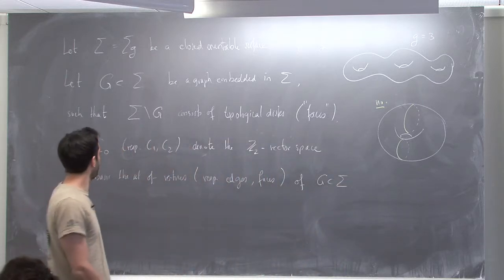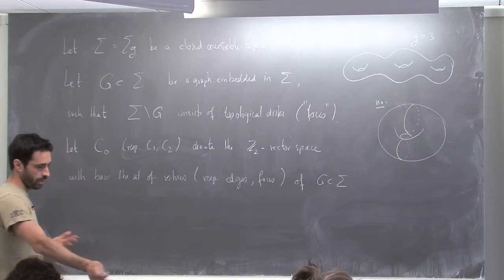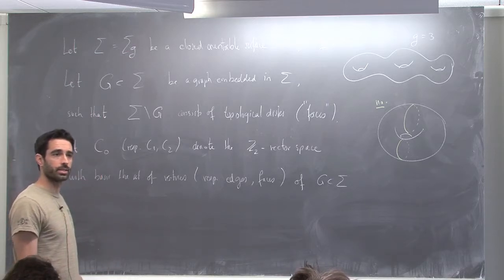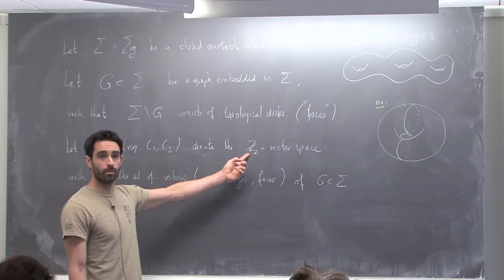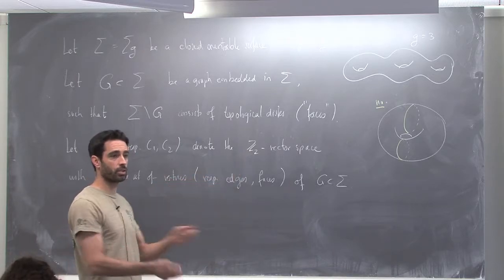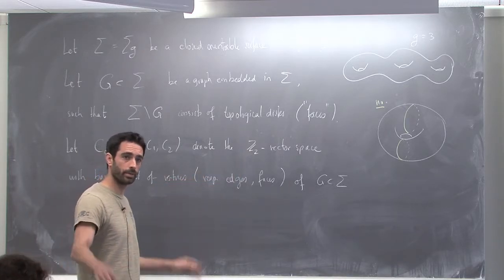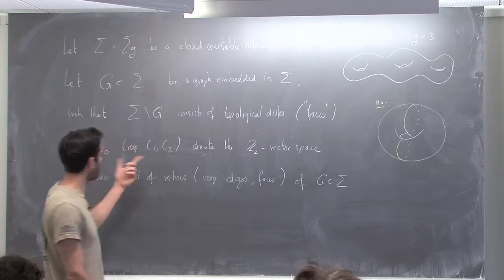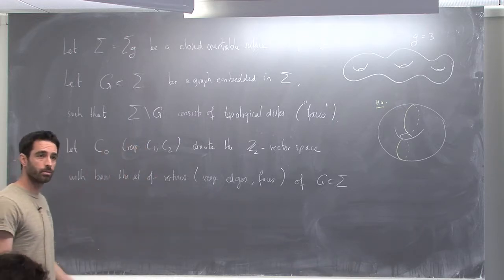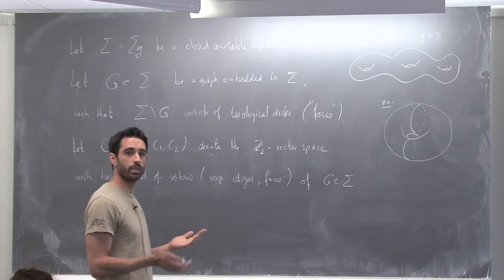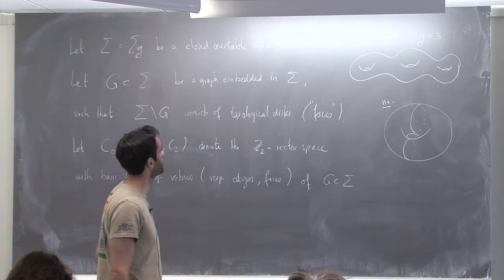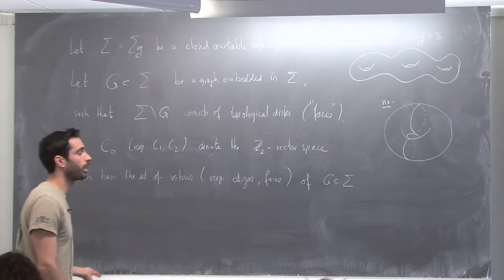Okay, so this means C0 is just linear combinations of vertices, with linear combinations counted modulo 2. So it's this vertex, not this one, not this one, etc. Just make a sum. And same thing for C1 with edges and C2 with faces. Okay? So these are finite dimensional Z2 vector spaces. Okay, so the graph is finite. I mean, we look at only compact stuff.